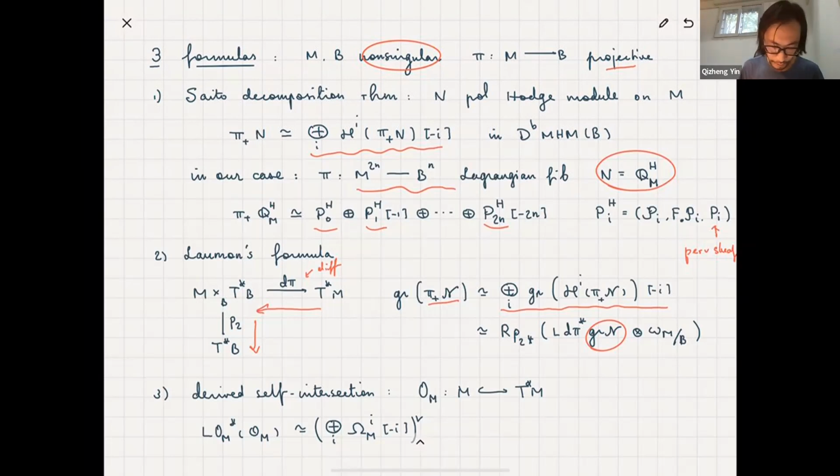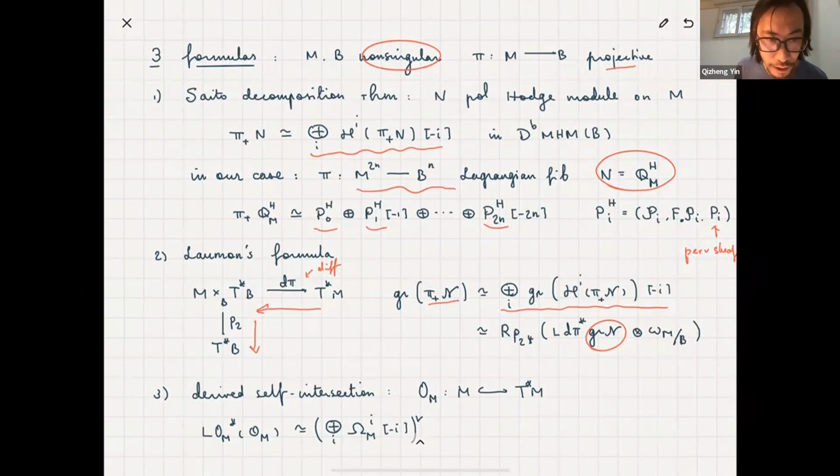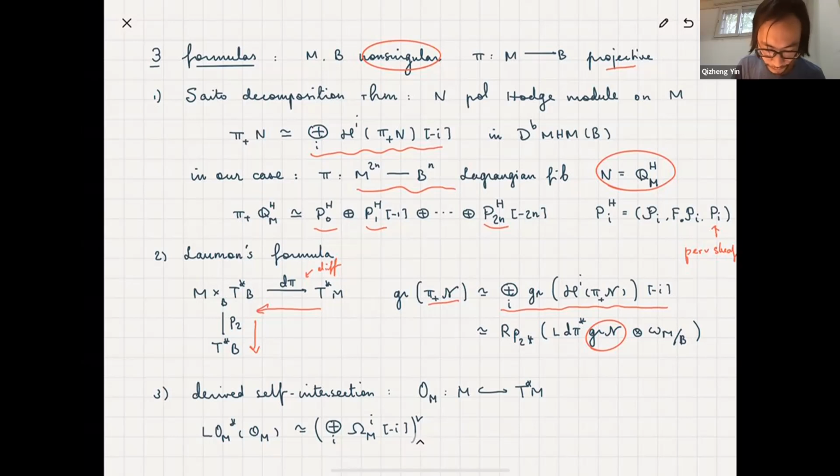So this is the second formula, and Laumon's formula is for any M to B. In the case of a Lagrangian fibration, if you take this special N, what do you get? This is the mystery to us. So I'll explain that.